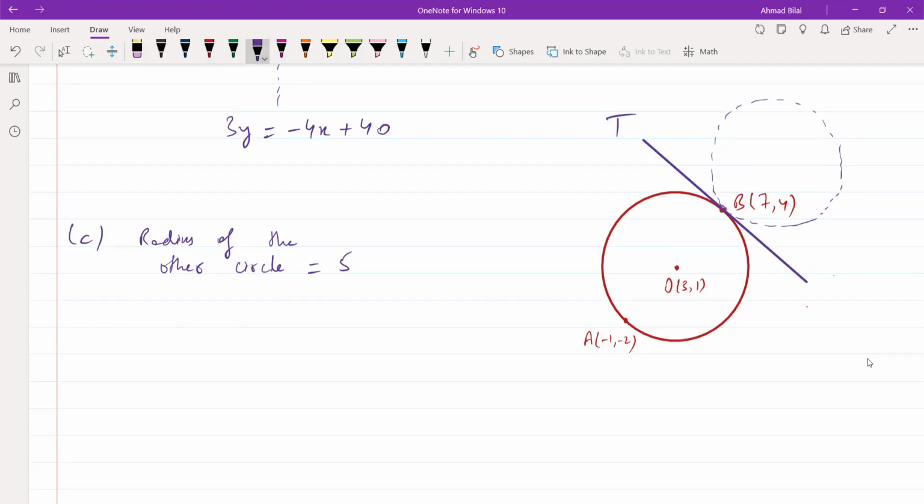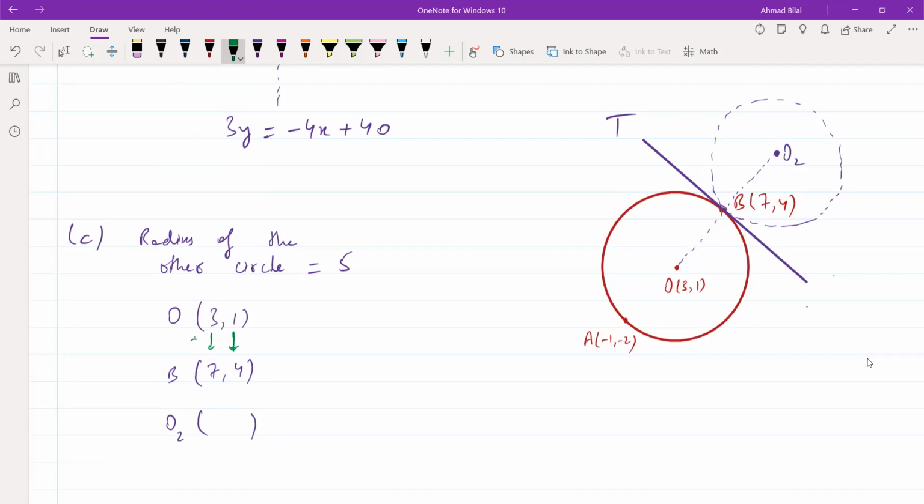Yes, exactly. That's very good. B is not the point at which we are taking the reflection; B is the point at which the tangent is. We have to reflect this point O in this line T. It's going to be on the other side of this point B, at the same distance. O's coordinates are (3, 1) and the coordinates of B are (7, 4). Let's call the center of the other circle O2.